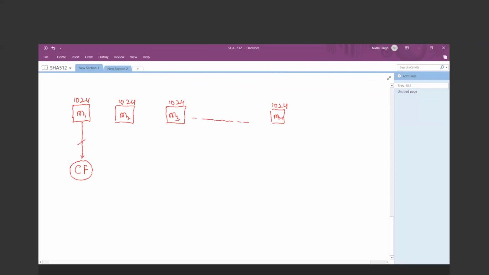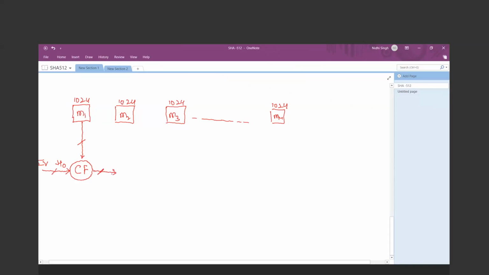In this compression function, there are some procedures that I will elaborate after some time. There are two inputs. The first one is the message itself, a message block of 1024 bits, and the second one is the initialization vector. The value of the initialization vector is a constant and it will be given to you. So that is the initialization vector IV, which is the hash value H0. Whatever operations are performed in the compression function, one output will be generated.